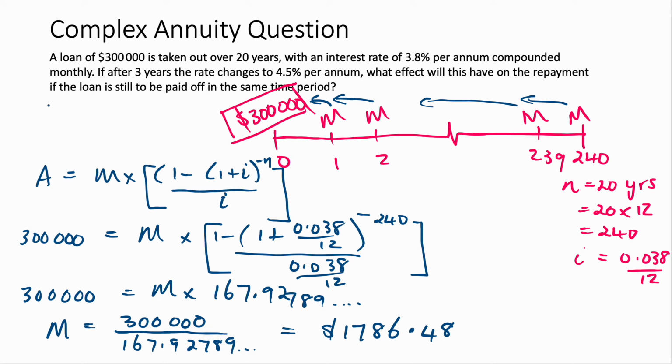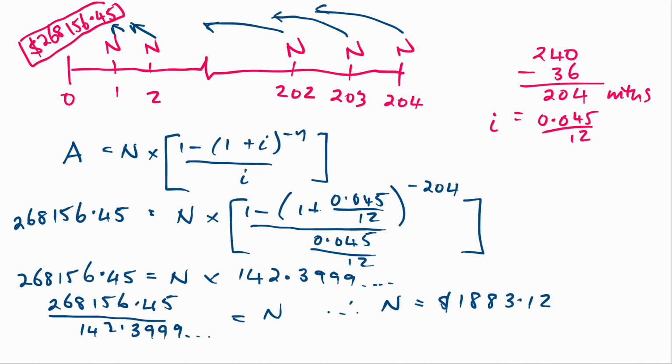So now to actually answer the original question, just remember what they asked was, what effect will this have on the repayment if the loan is still to be paid off in the same time period? So originally our repayment was $1,786.48. It's now increased to this, so we can see that it's gone up, and we can calculate that.